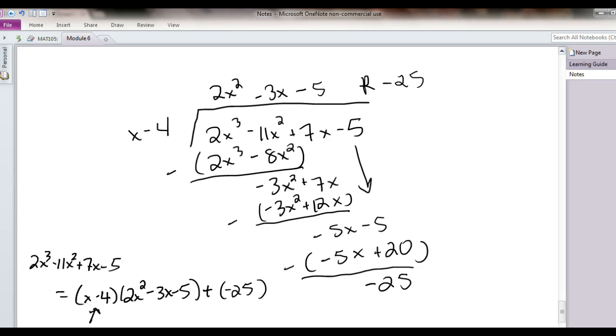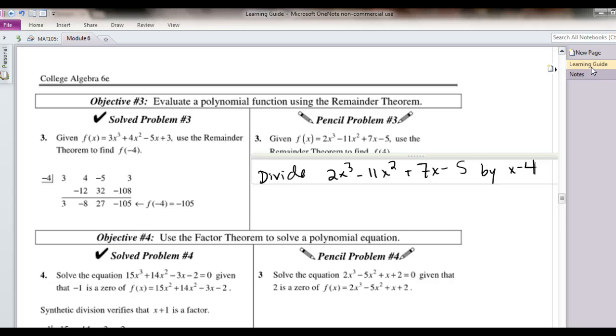So when you plug in x equals 4, this whole part will be 0 and go away, and we'll just end up with minus 25. So f of 4 will be minus 25 is our answer to the problem back on the learning guide.